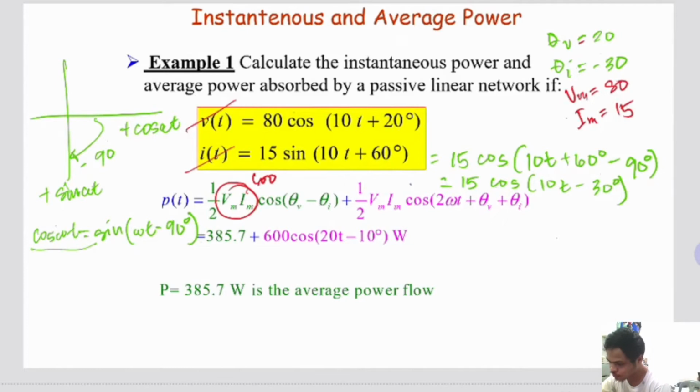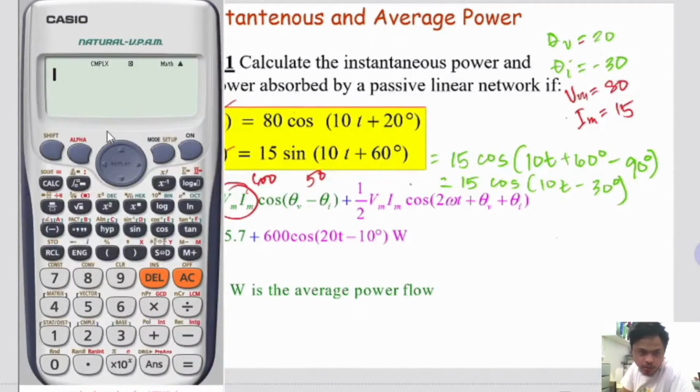This one here is 20 minus negative 30, so this will become 50. If we're going to compute that, you have cosine of 50 is 0.64 multiplied by 600, 385.